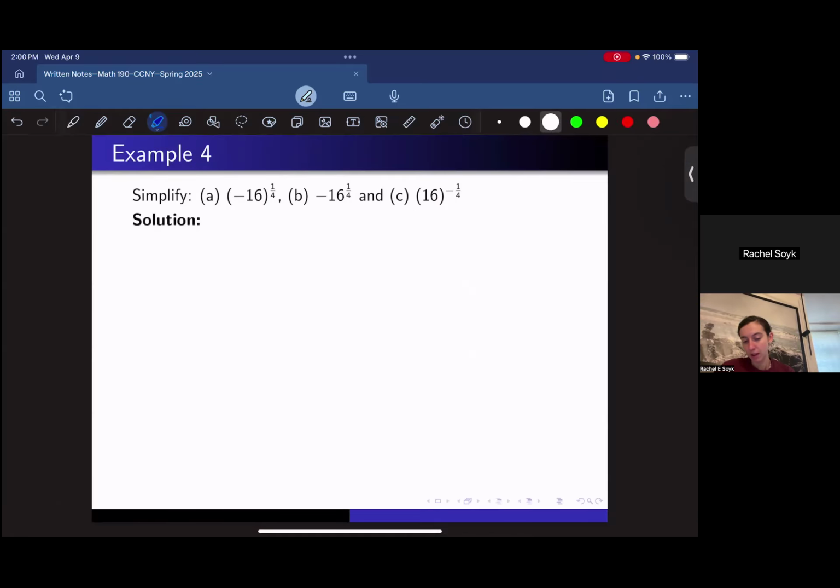Right, so now we have example 4, and we just want to simplify all of these examples.